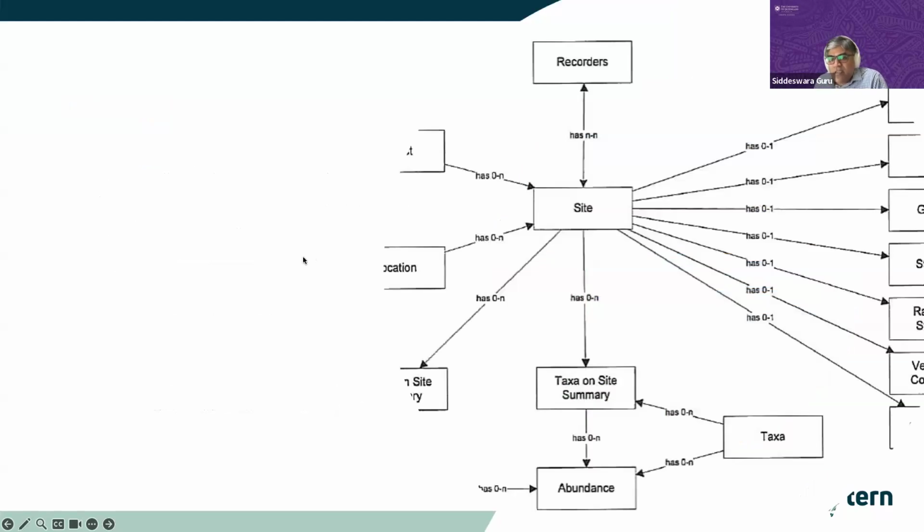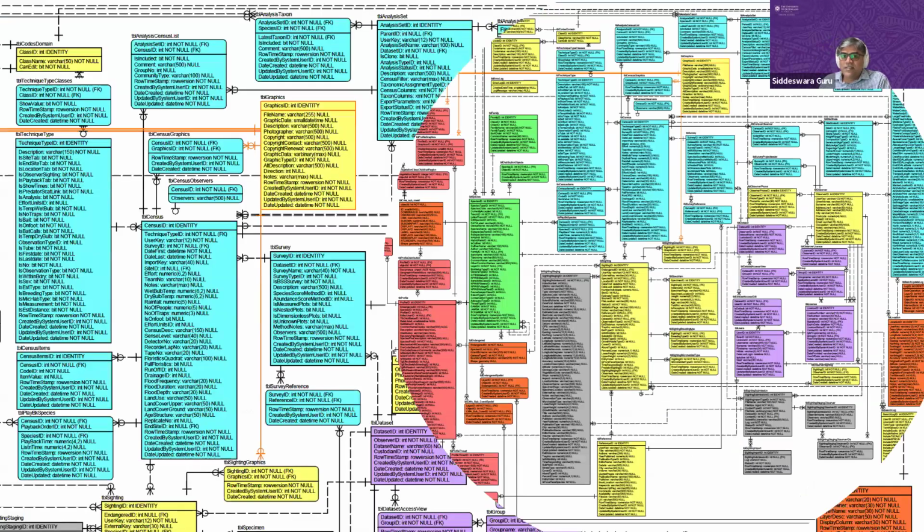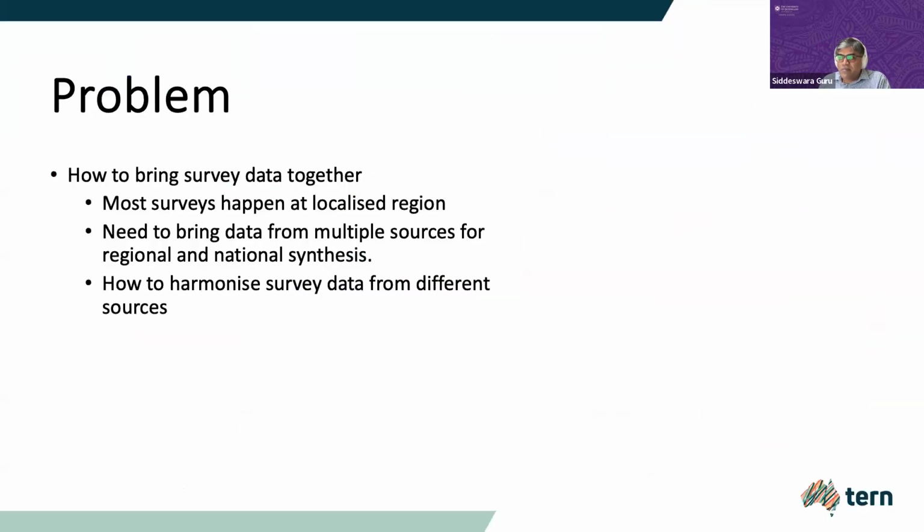Okay, so typically when we get the data set, generally they put it in a database. It looks like this, and then it looks like this as well. So these are the institutional enterprise level databases, which keep all the survey data sets. So how do we bring these data together?